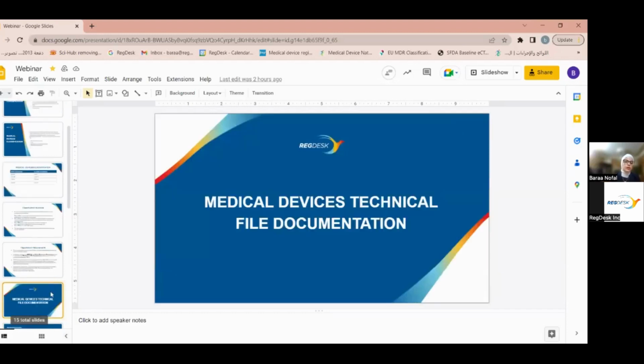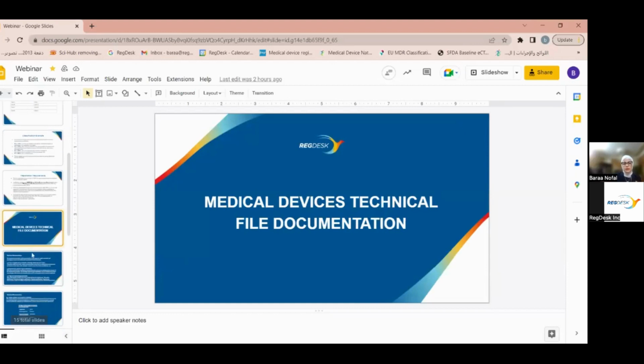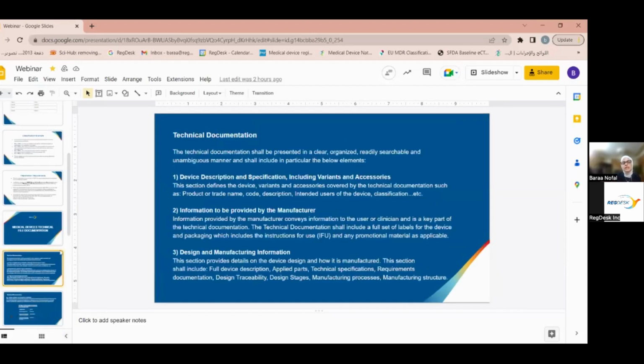So I will start talking about the medical devices technical file documentation. I will not go deep into details. This section may be the same as the previous one we had in our first webinar, but I need to say it again, because the technical file documentation is the same as EU MDR.